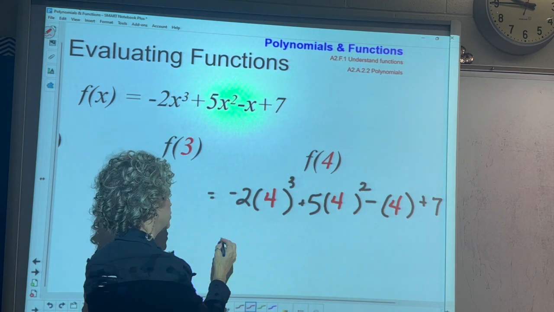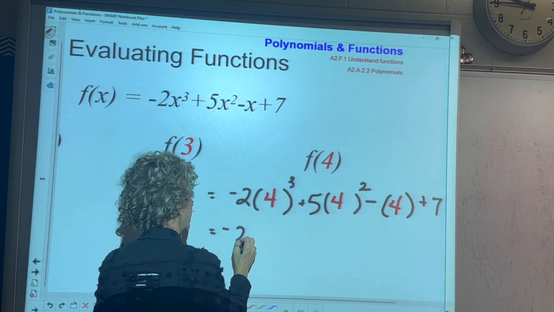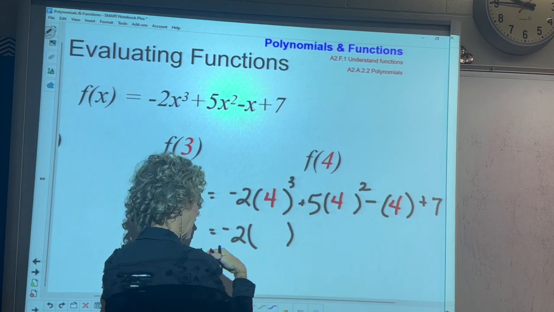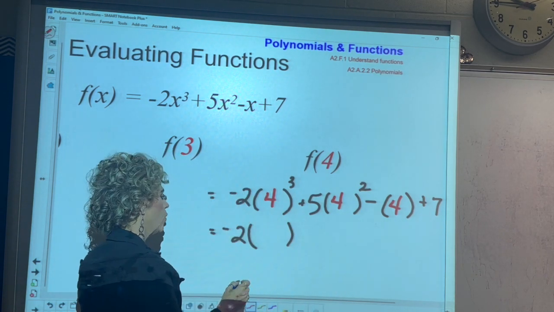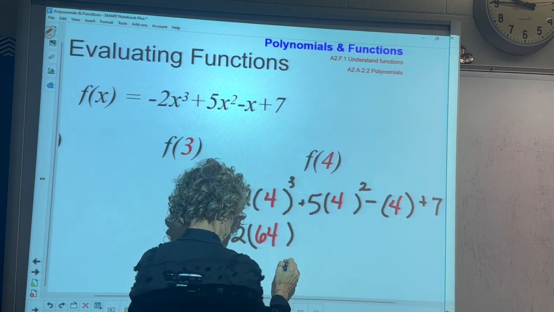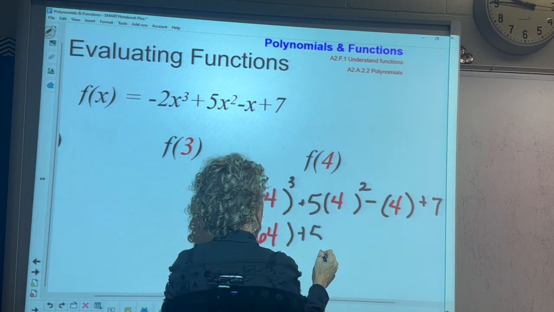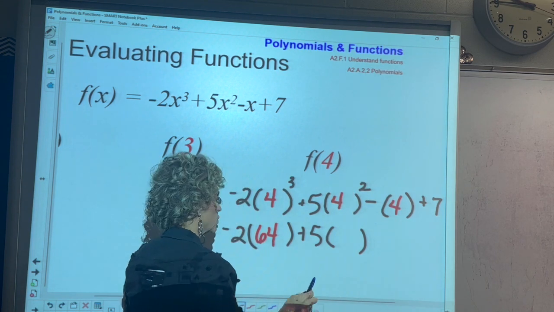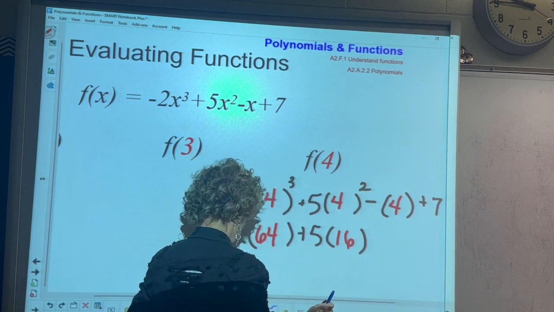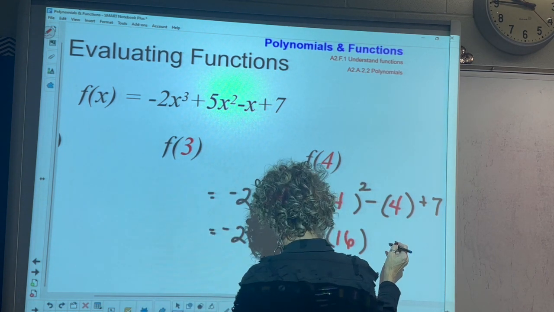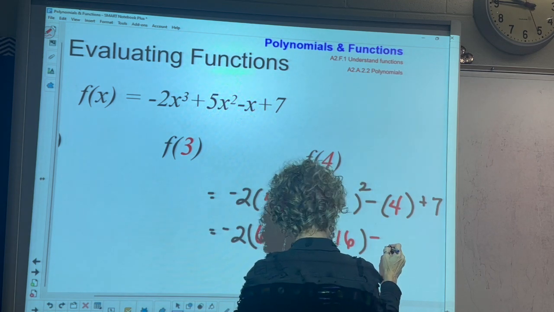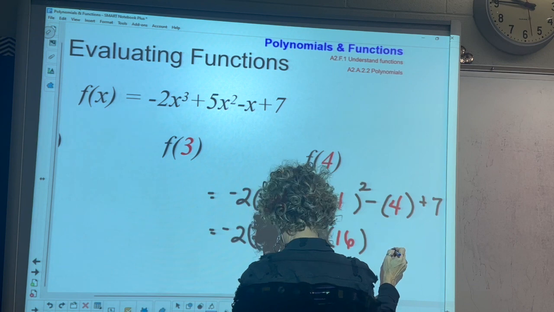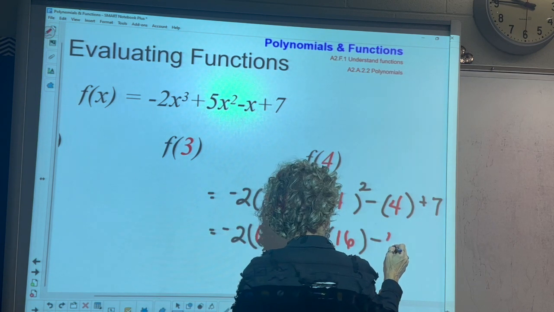And again, we're still utilizing order of operations. I've got a negative 2 times 4 cubed. 4 times 4 is 16. 16 times 4 is 64. Okay, plus 5 times 4 squared. 4 squared is 16. And then I have my minus 4.